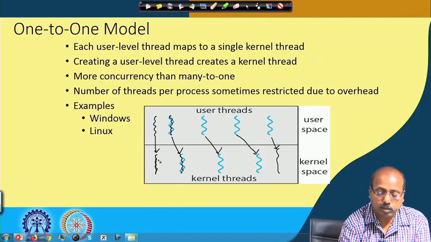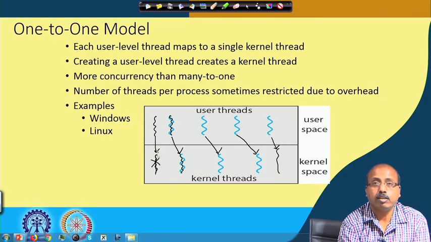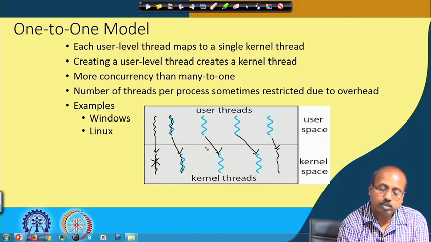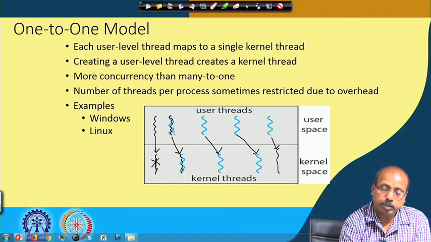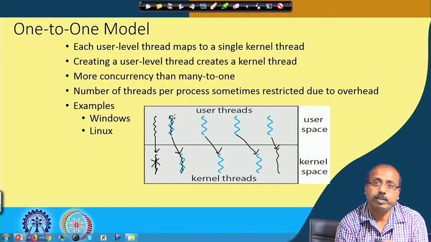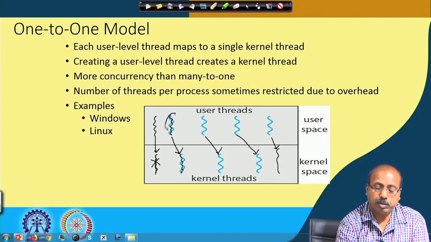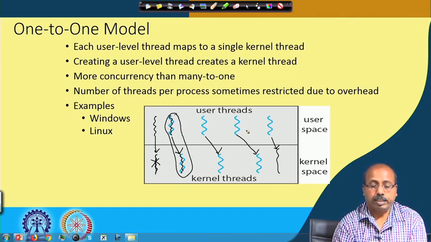If this thread got blocked, it cannot proceed, but other threads will not suffer because they have their own kernel threads. It is restricted to that particular thread only. This whole thread may be blocked, but that will not make others wait.